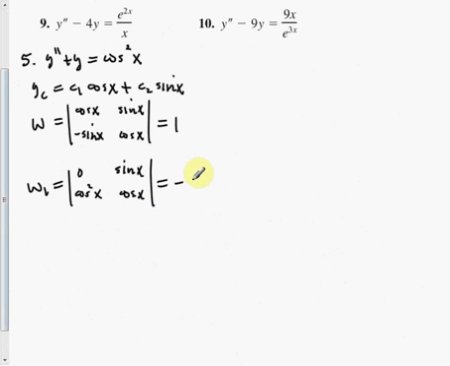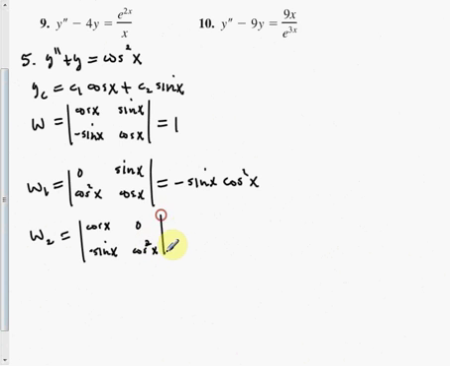So this gives us negative sine x cosine squared x. W sub 2, cosine x, negative sine x. Replace the second column with the 0 and the cosine squared x. So this is just cosine cubed x.